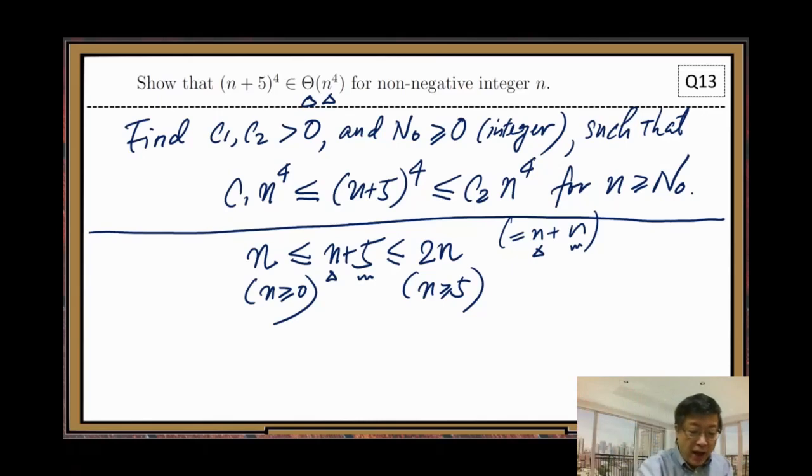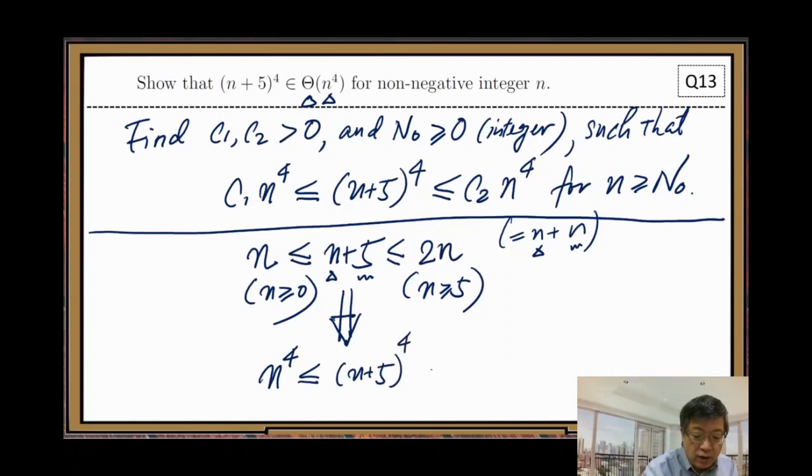Then from here, when you move to the 4th power, is it easy? Raising to the 4th power, you get n to the 4th less than or equal to (n plus 5) to the 4th, less than or equal to (2n) to the 4th.